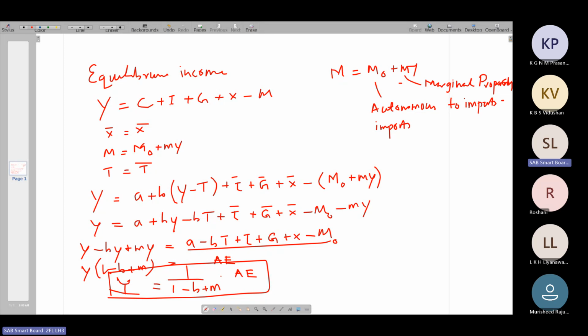If we take the investment multiplier, this is called the autonomous expenditure multiplier, right?